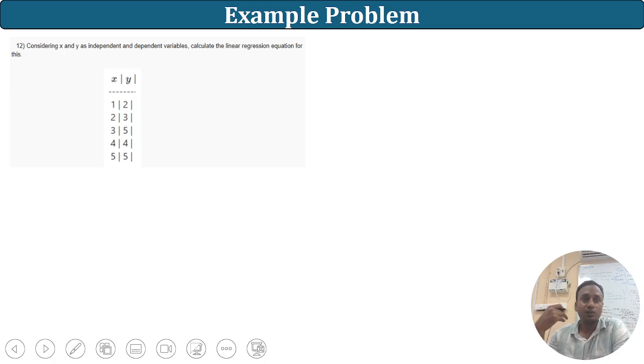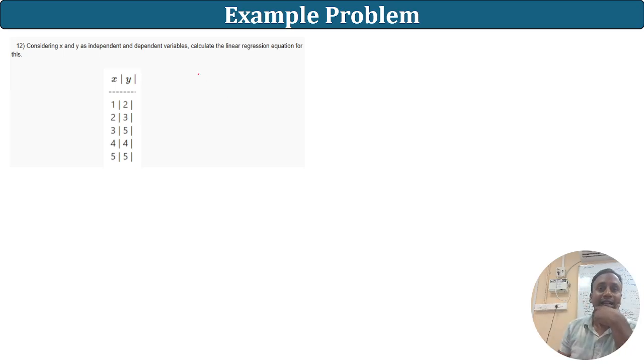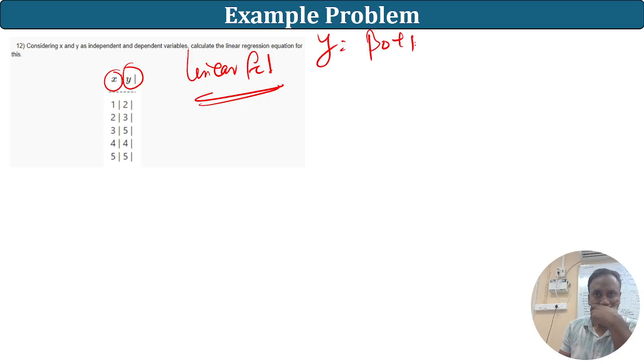Now we'll calculate the linear fit. We have x and y, and we have to get beta naught plus beta 1 xi. What are the steps?